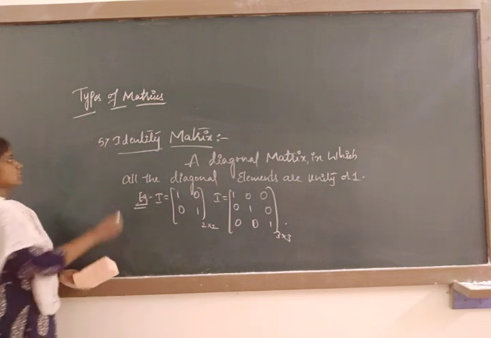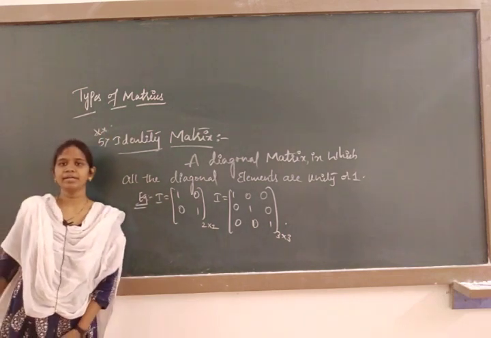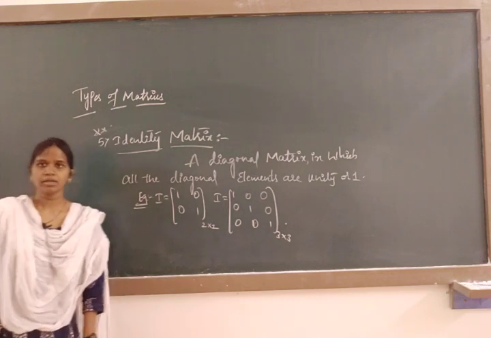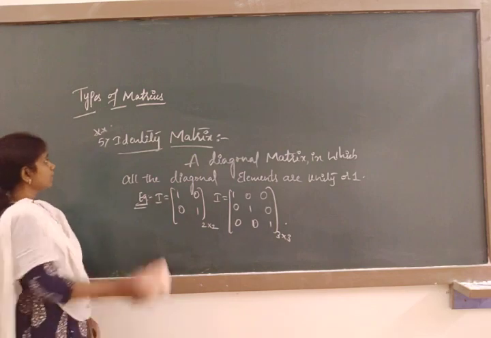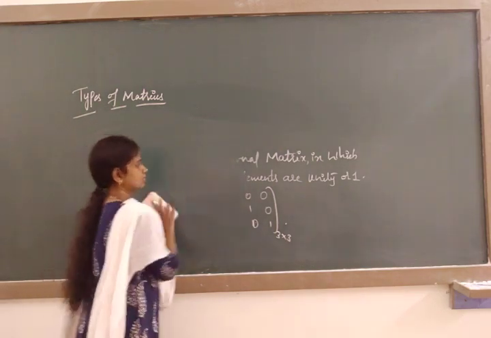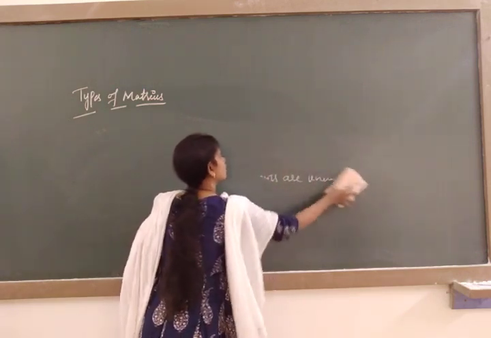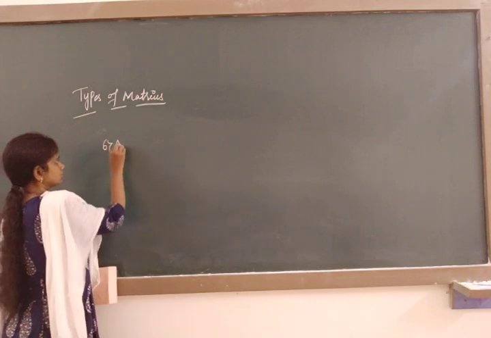Okay, so this is also important. Scalar matrix, identity matrix and diagonal matrix are important for your examination. Okay, next you take the last one, the null matrix, or you can also call it the zero matrix.